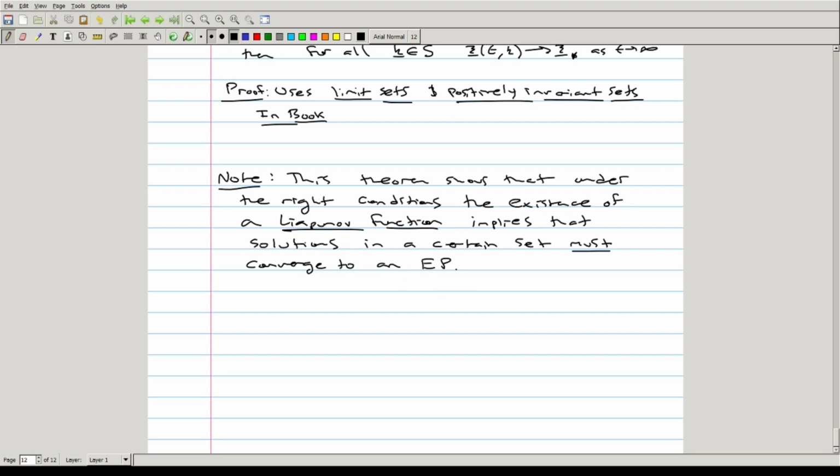In this theorem, the Lyapunov function does not have to be strict.